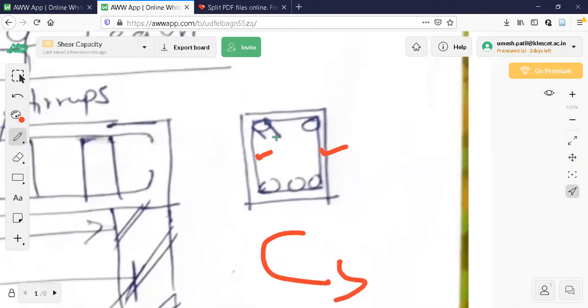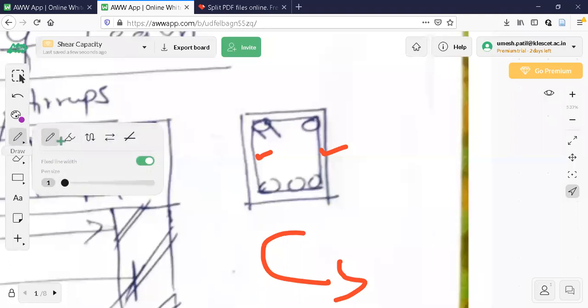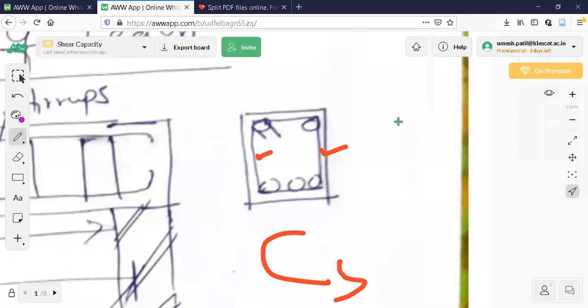Now, I'll draw the entire diagram, observe here. I'll show the entire diagram of a stirrup, how it is fabricated by the bar benders. Just observe. I'm going to draw this stirrup. A single bar is taken.